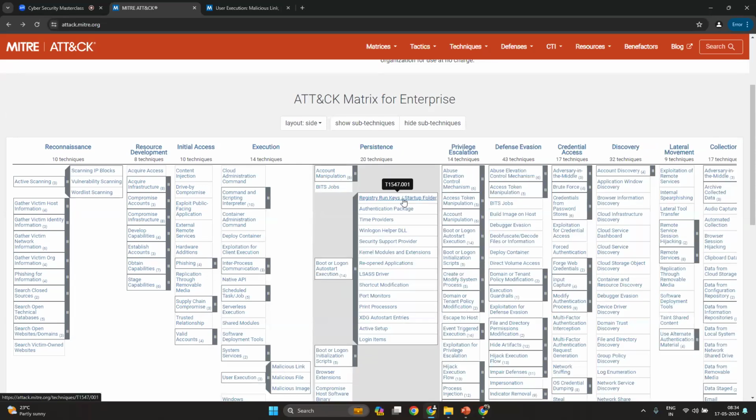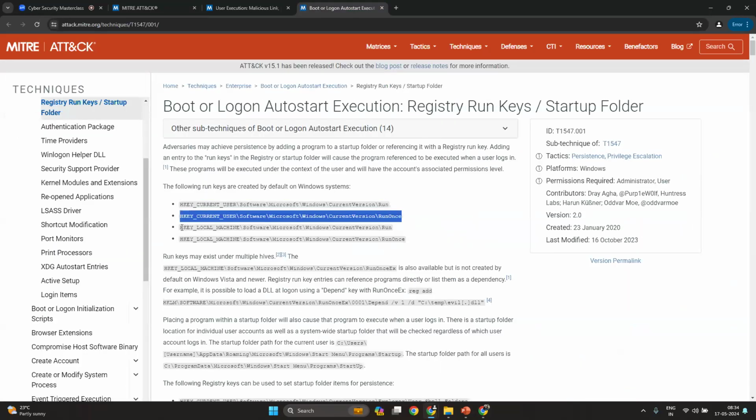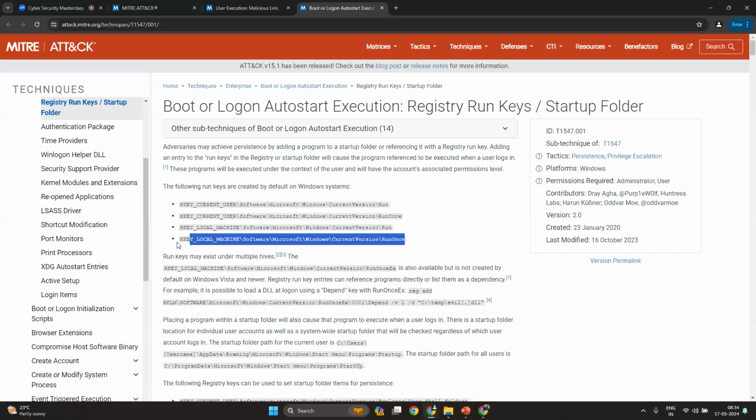You can come into auto start keys, a common example being your startup folder or registry run keys. These are your 4 registry locations where persistence can be achieved. So even if a restart or a reboot happens, a threat actor still has access to your machine.